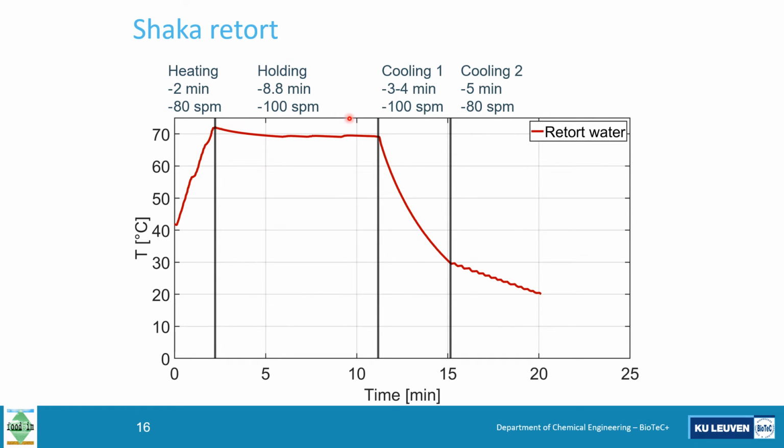Then we hold the product at 70 degrees for almost 9 minutes, shaking at 100 strokes per minute. And then we have 2 cooling phases, with different shaking rates, to achieve 20 degrees in the end. This enables us to open the retort safely and take out the samples again.